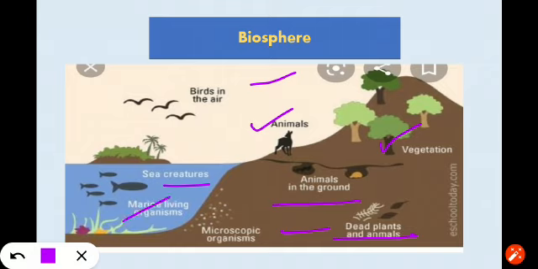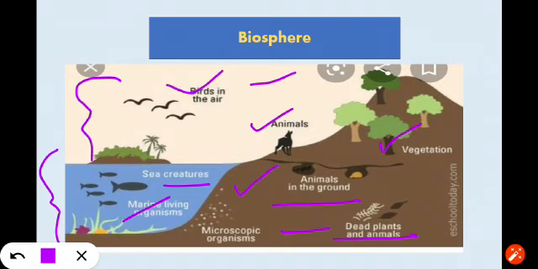It contains all forms of life, right? All forms of life such as plants, animals, human beings, etc. Actually, biosphere is a narrow zone of the earth where land, water as well as air.